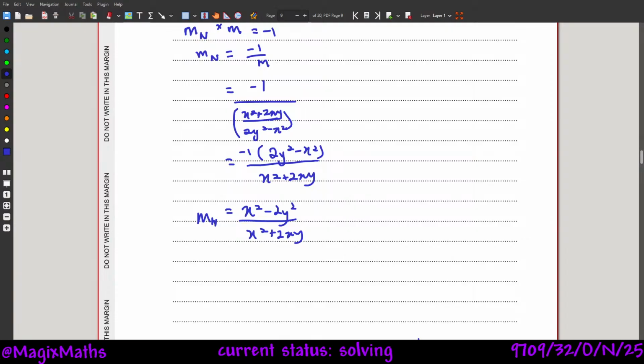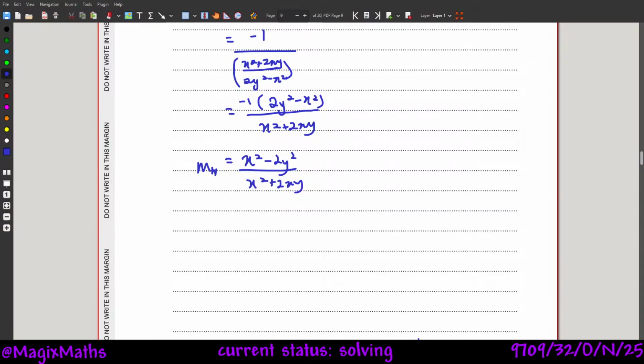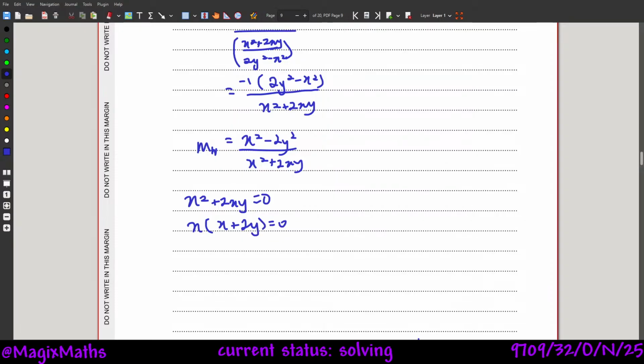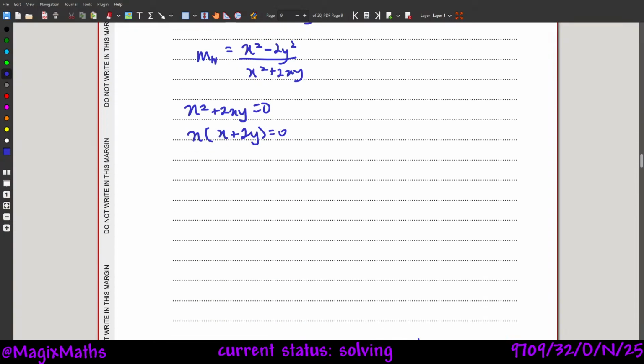And then it's parallel to the y-axis, which means this here is equals to 0. So x squared plus 2xy equals to 0. x plus 2y equals to 0. And then find the coordinates of the points on the curve at which the normal is parallel.